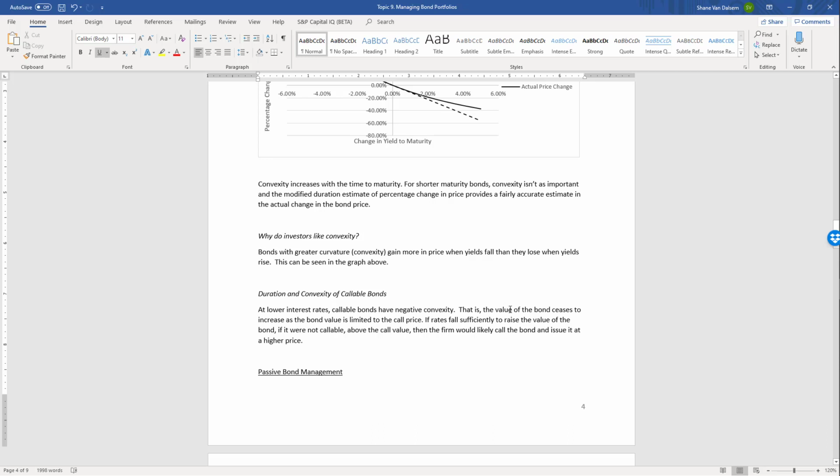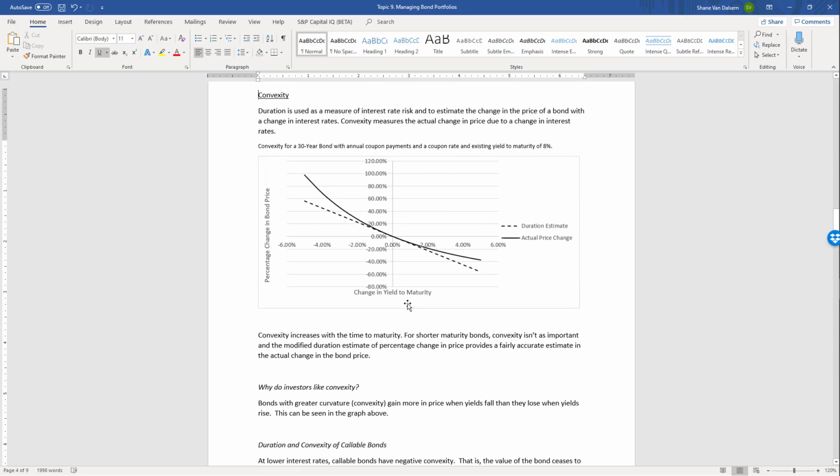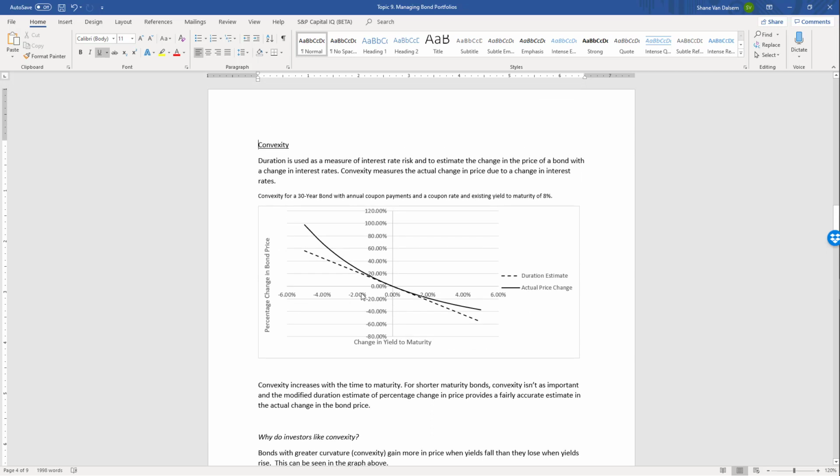That is, the value of the bond ceases to increase as the bond value is limited to the call price. If rates fall sufficiently to raise the value of the bond, if it were not callable, above the call value, then the firm would likely call the bond and issue it at a lower rate. What that means on this graph is that as rates drop, the likelihood of a bond being called increases, and at a certain point, a company, as long as they're acting rationally, will go ahead and call that bond.